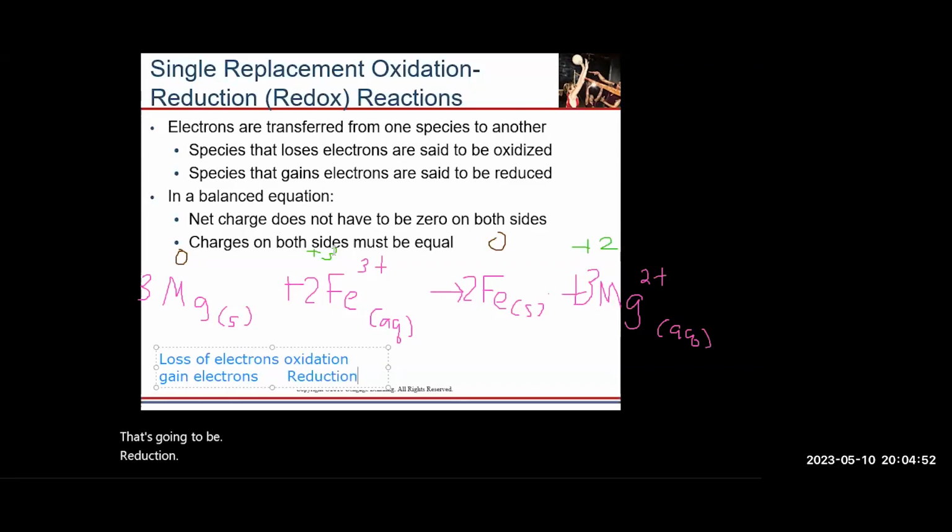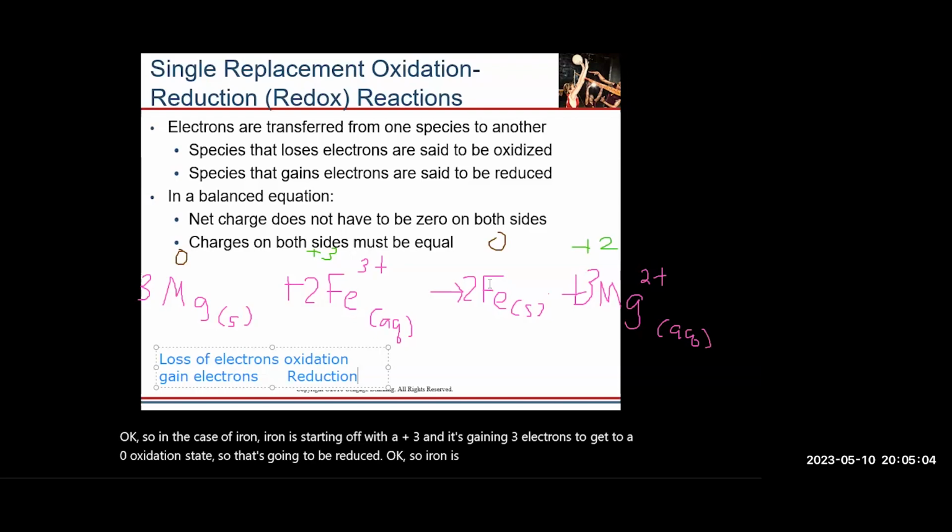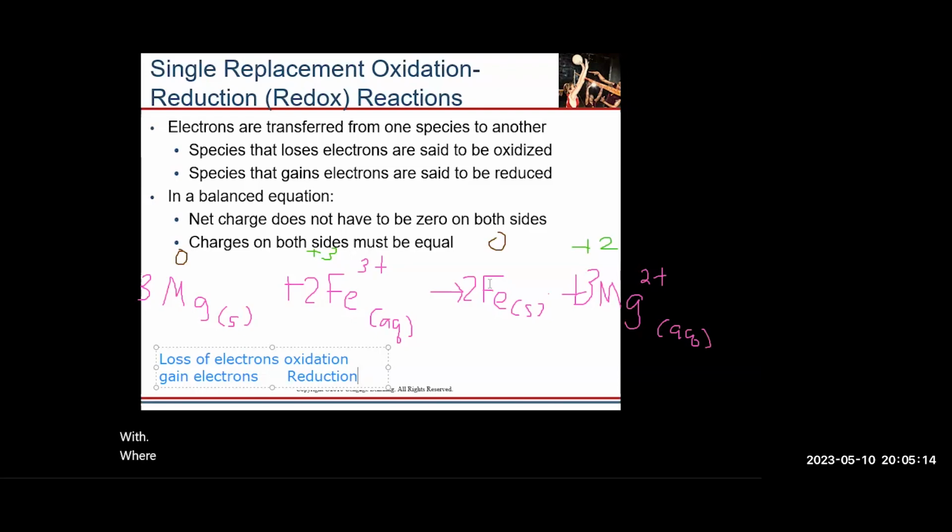In the case of iron, iron is starting off with a +3 and it's gaining 3 electrons to get to a 0 oxidation state. So iron is going to be reduced and magnesium is going to be oxidized. Anytime we see a single replacement reaction where we're changing those charges, that's going to be a redox reaction.